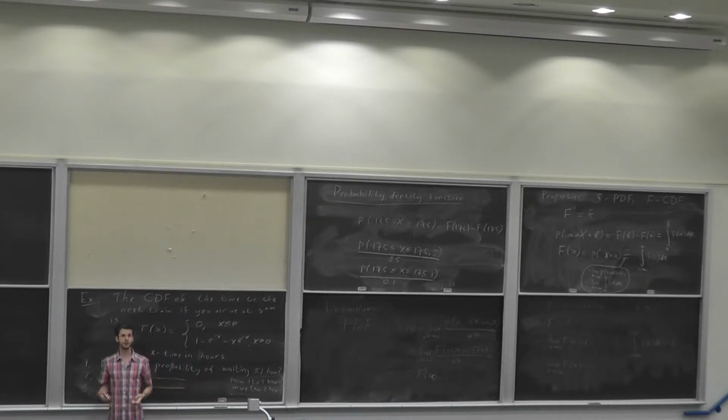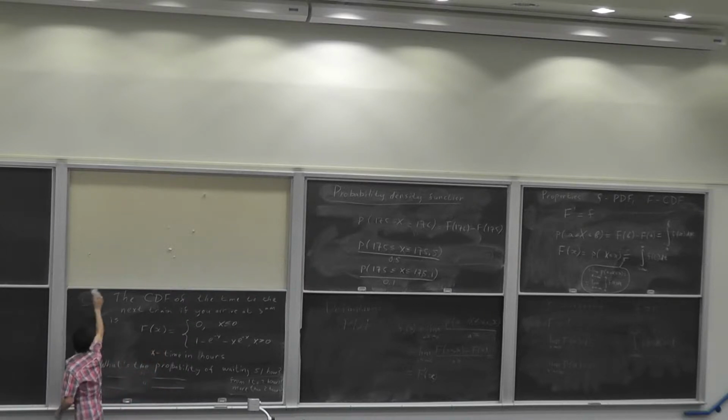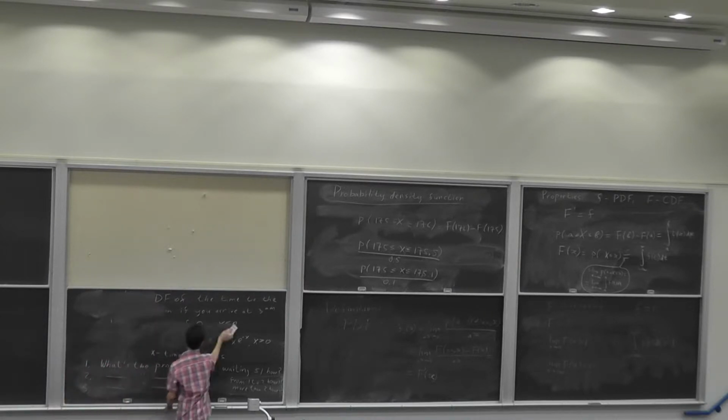It is in a way easier to work with the density function, visually. It's easier to work with the density function rather than with a cumulative distribution function. Just look at, say, this example.